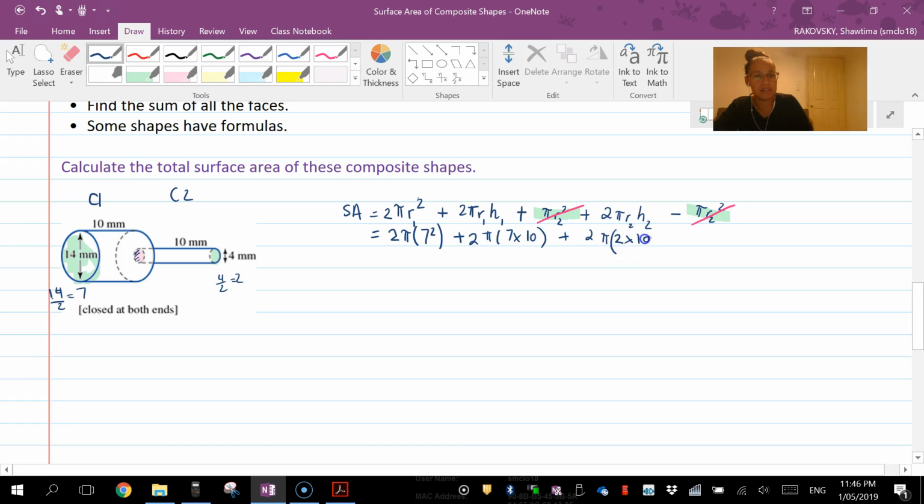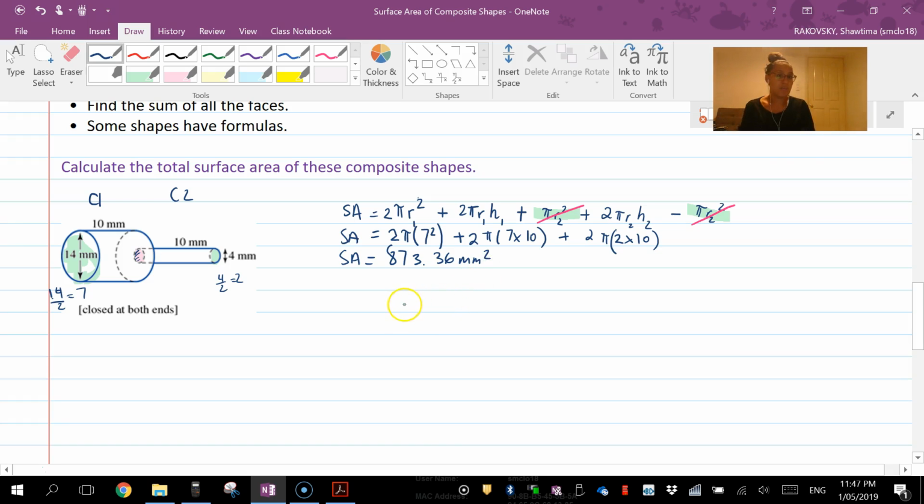Then I plug that into my calculator, which I can do just as it is, and the answer is 873.36 millimeters. That is how I can get around that.